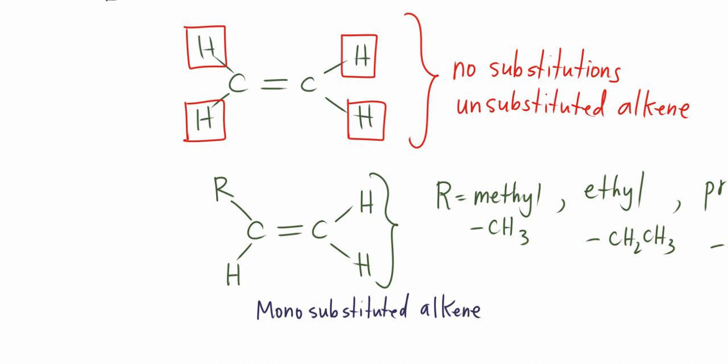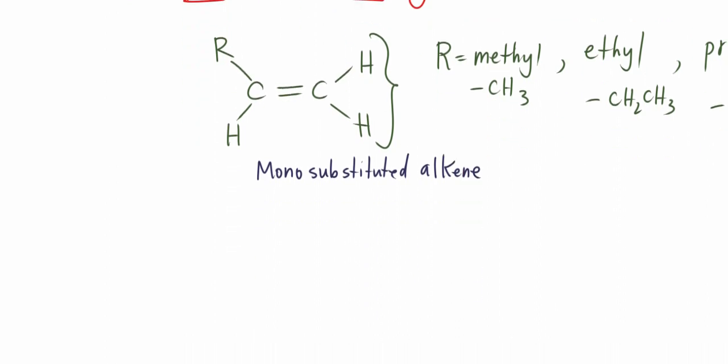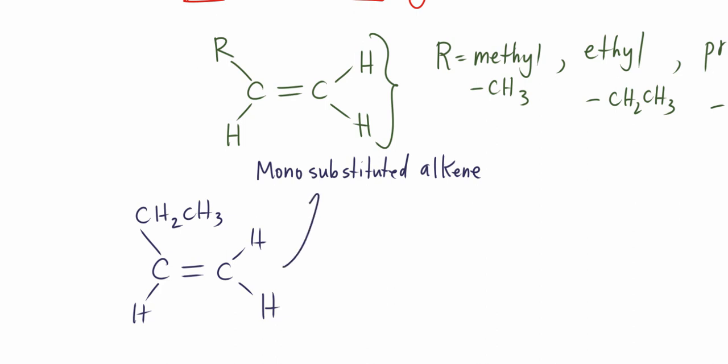Okay, so if I use this example here, if I say carbon, carbon, CH2CH3, H. This is an example of a monosubstituted alkene. Okay?